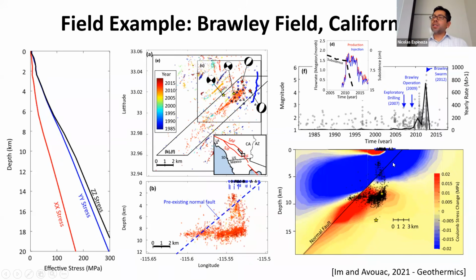If this fault takes less shear, it's going to say, well, I'm not taking this shear. Who else is going to take it? And in this case, the deeper fault was taking that shear. At some point, the fault says, well, I cannot take any more. So it started to release quite a bit of seismicity, up to, if I remember correctly, a seismic moment of magnitude 5.4. So that's relatively large, right?